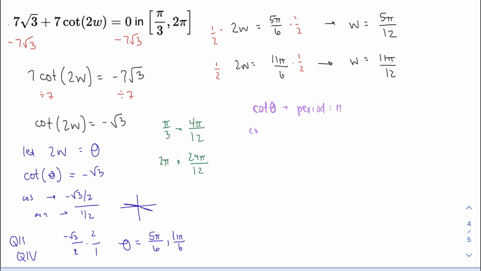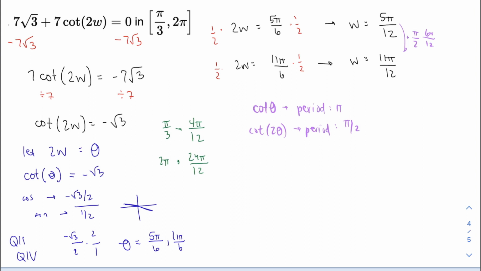So cotangent of 2 theta is going to have a period of pi over 2. And that means that solutions repeat themselves every pi over 2. And it makes sense because the distance between these two is pi over 2, right? That would be 6 pi over 12. So I just need to add 6 pi over 12 until I get there, right?